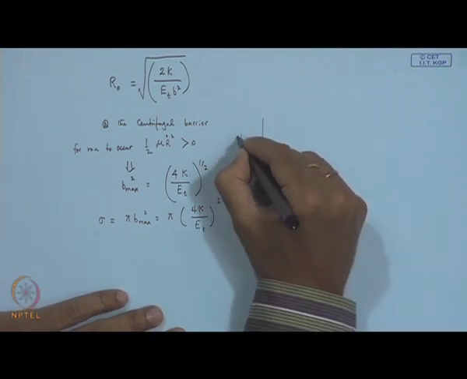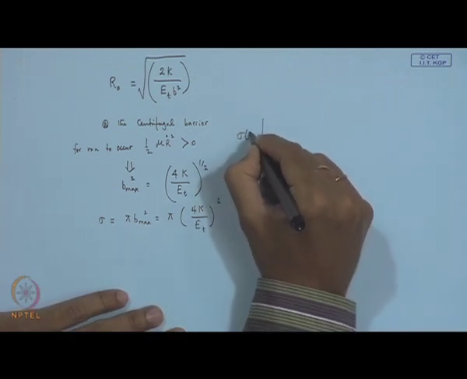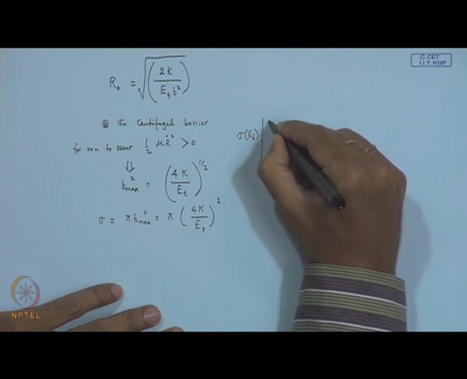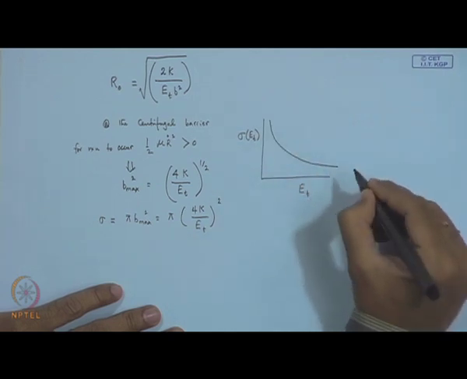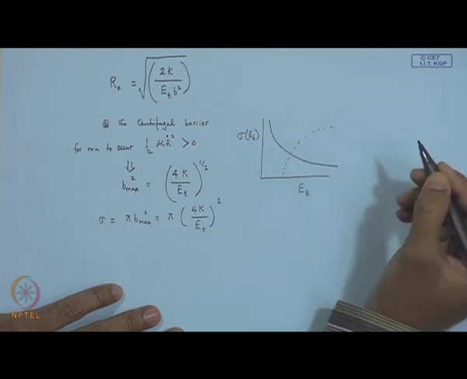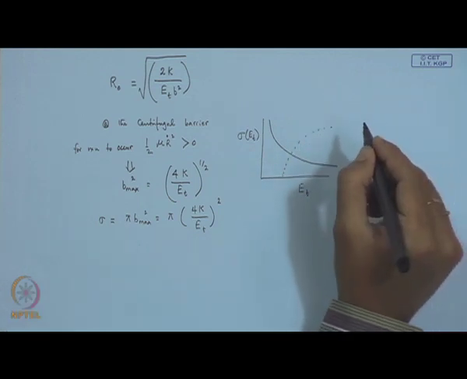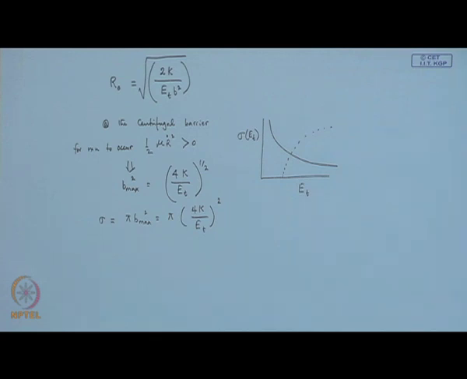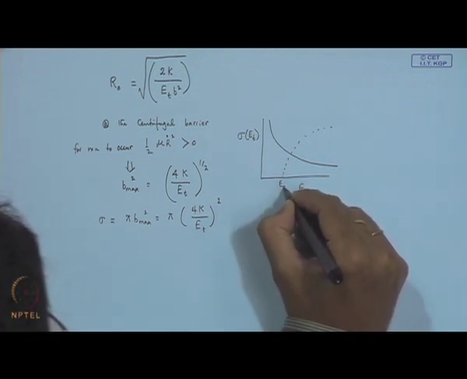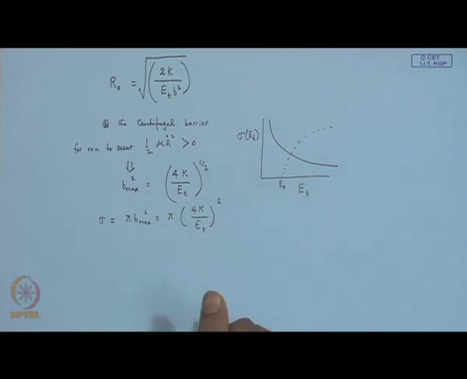sigma ET versus ET, this plot is different. Earlier, with a barrier, the plot was like this. That is the sigma ET versus ET plot, with E0 the minimum energy just to cross the barrier.